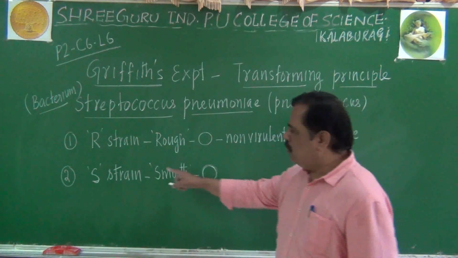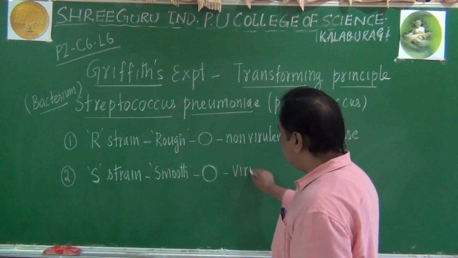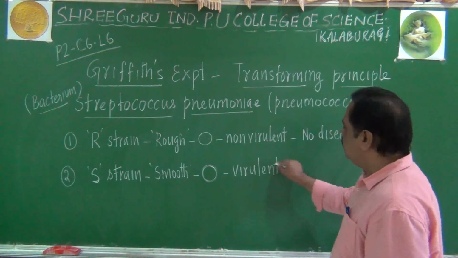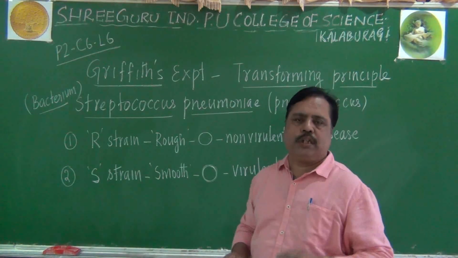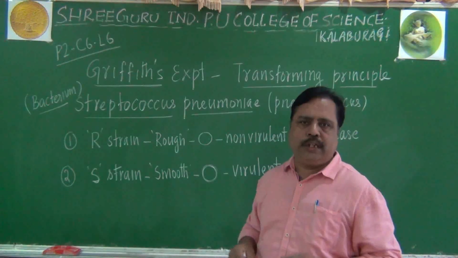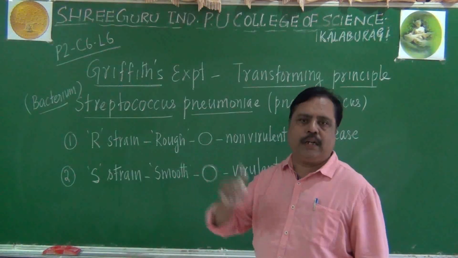Remember it. But the smooth bacteria is virulent in nature. That means if this bacteria infects a host or is injected into any mammal body, it will cause pneumonia and affect their lungs.